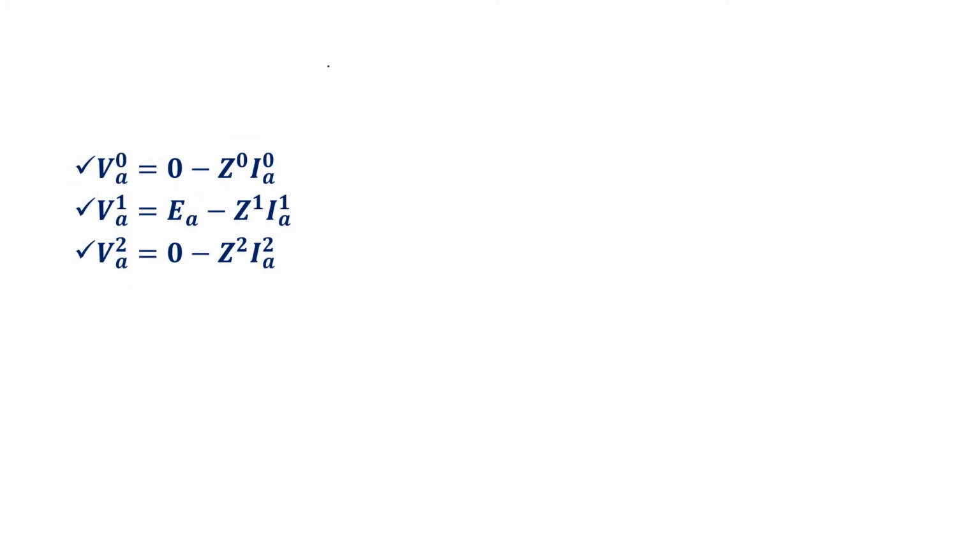Next I am going to write the phase voltage Va in terms of symmetrical components. So Va0 plus Va1 plus Va2. Here this is Va0, this is Va1 and Va2. Now I am going to add these three together.